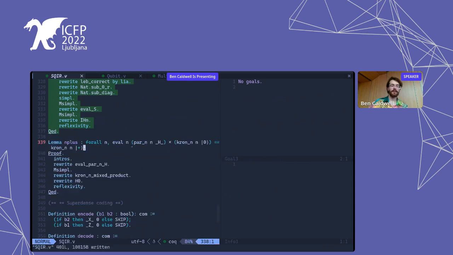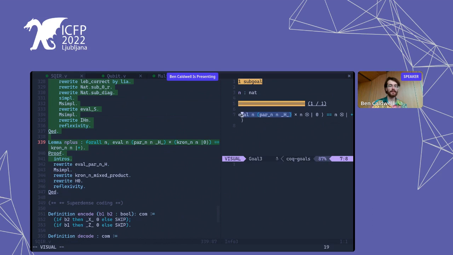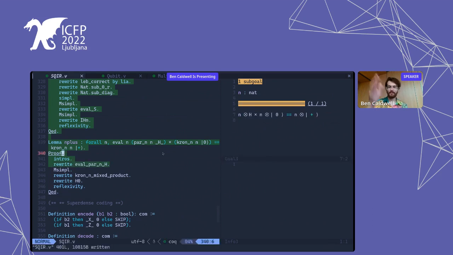Right, and so you can even talk about doing circuit families and how they interact with each other on specific states. So we can say, okay, well, we know that this circuit family evaluated at this dimension becomes n Kroneckers of the Hadamard matrix.